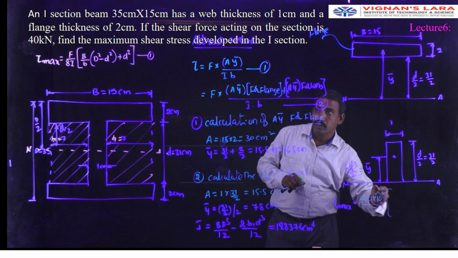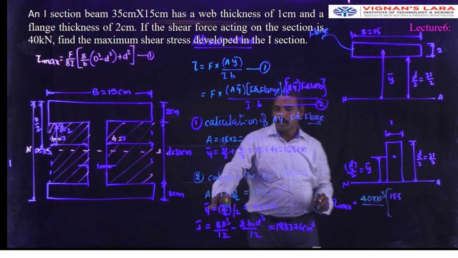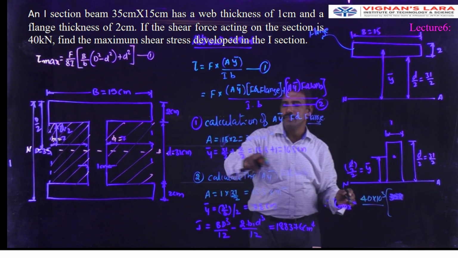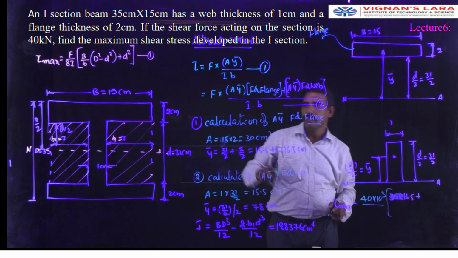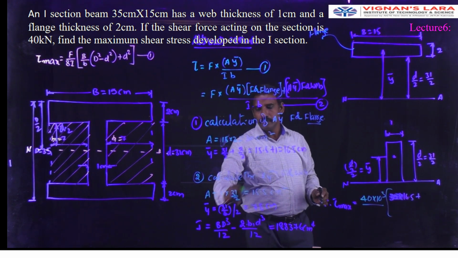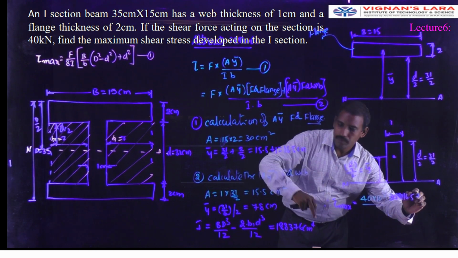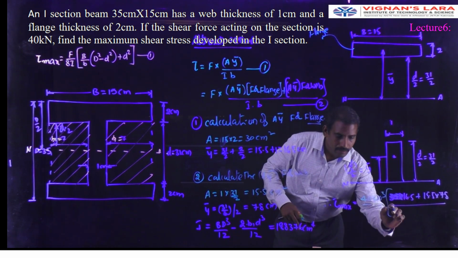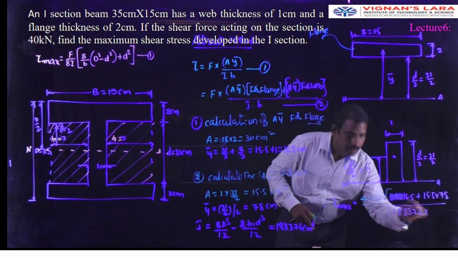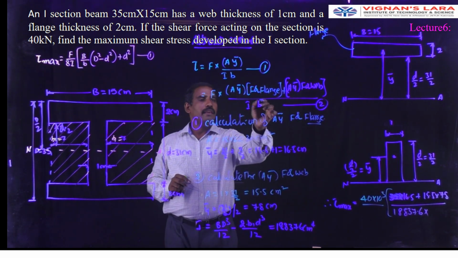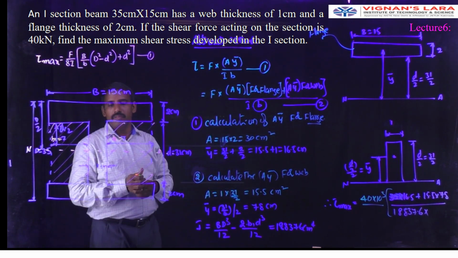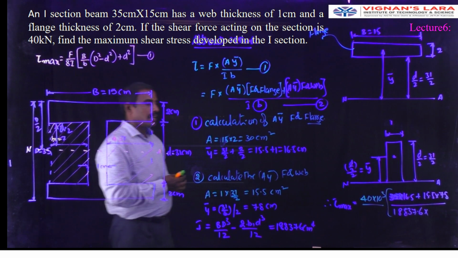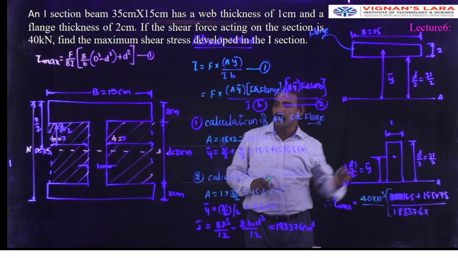The A value for the flange is 30, so 30 into the Y bar for the flange, 16.5, plus the AY bar quantity for the web, 15.5 into 7.8, whole divided by the I value, 18837.6, into B. Here we have to remember one thing: B is the base of the web, since we are calculating the shear stress in the I section at the neutral axis, because the maximum shear stress is induced at the neutral axis only.